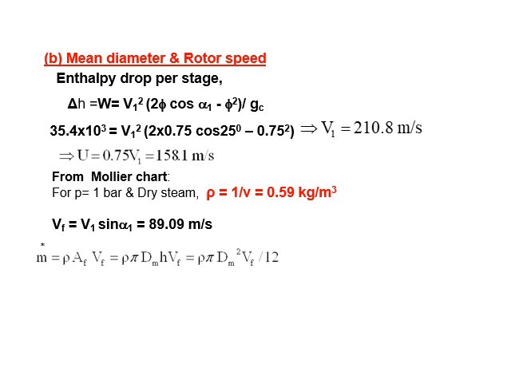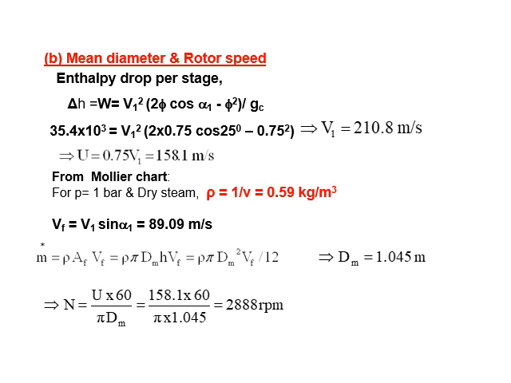Also, a relation is given for the h value: h is equal to 1 by 12th times of Dm. So the expression becomes rho into pi into Dm square into Vf by 12. Then substituting these values in this expression, we get the diameter as 1.045 meter.